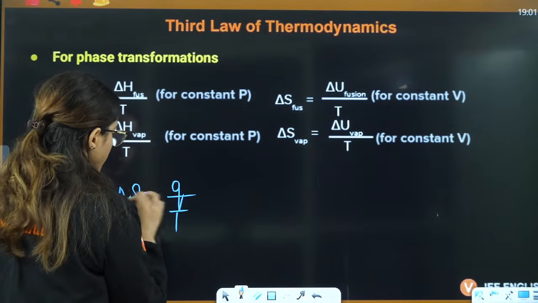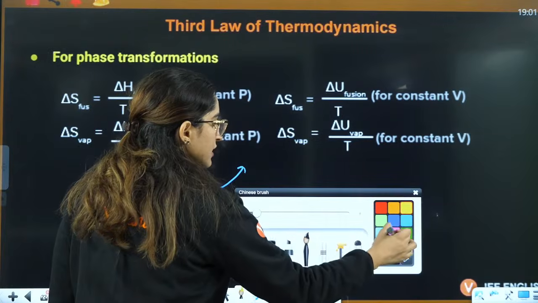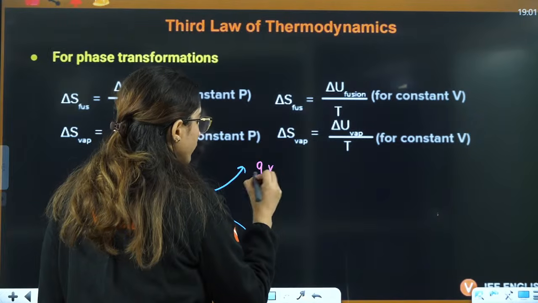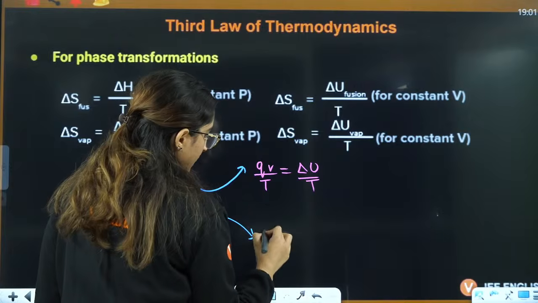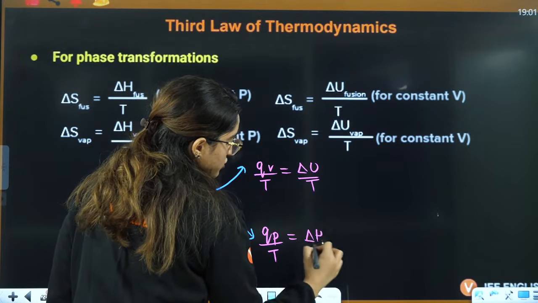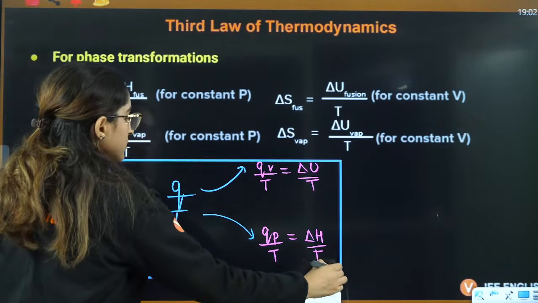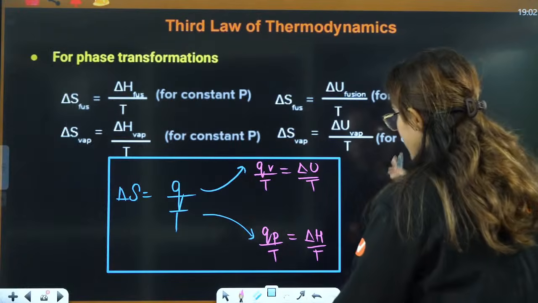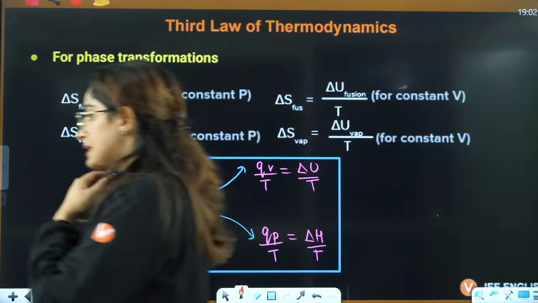Delta S is equal to Q by T. If I talk about two cases, at constant volume, this is nothing but delta U by T. At constant pressure, it is nothing but delta H by T. That's all you have to remember here, right? This is just how they have written it in a fashionable way here. Otherwise, just remember this.